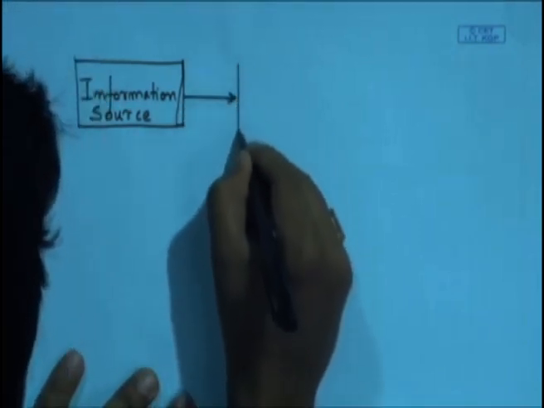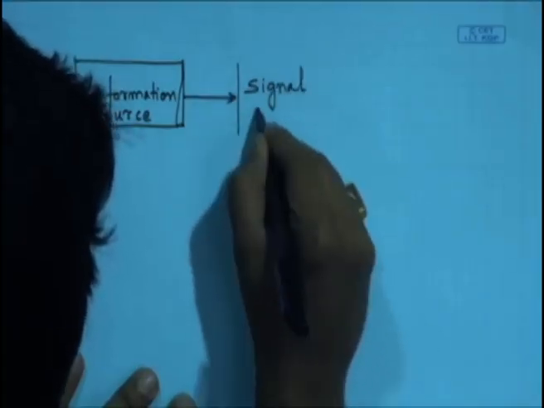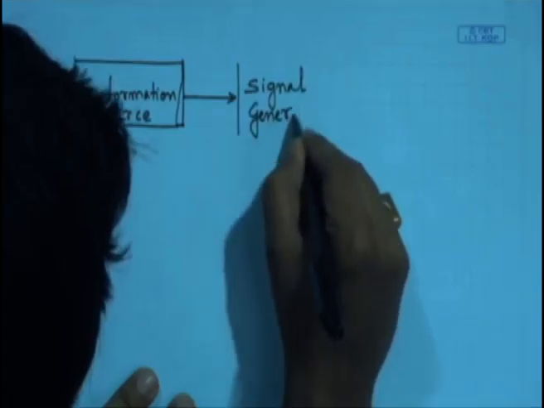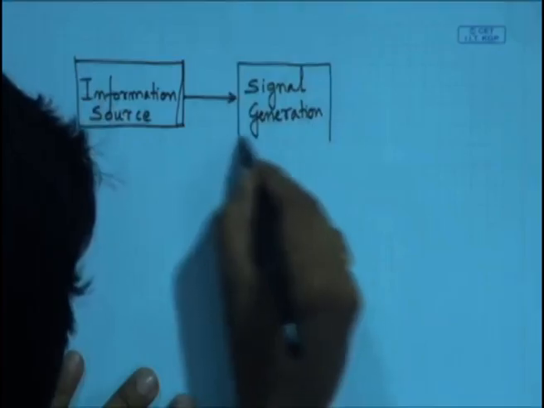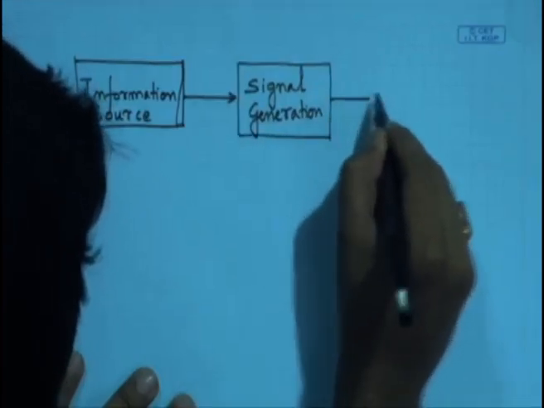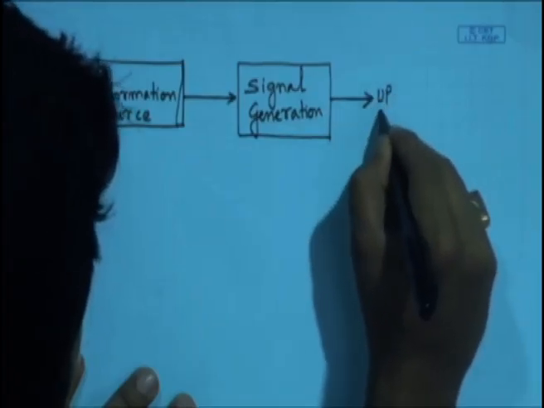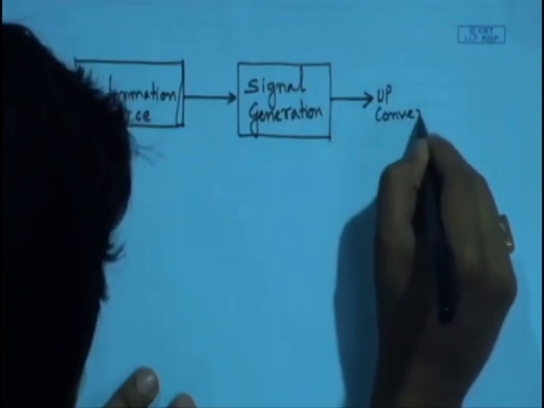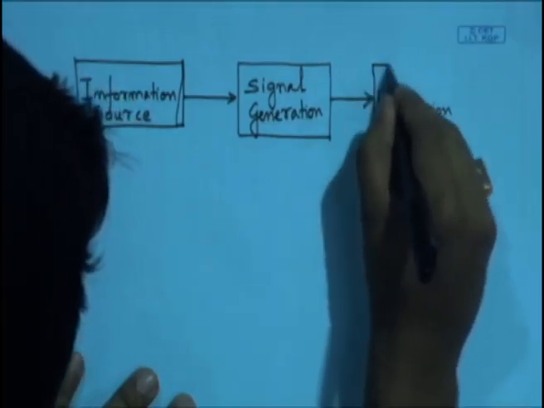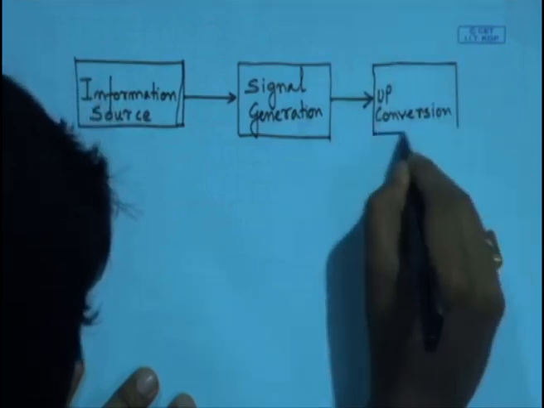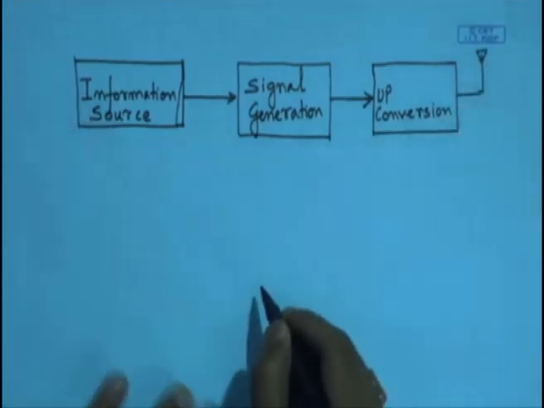It goes on to the section of signal generation, followed by RF section or up conversion, and then finally into the medium.